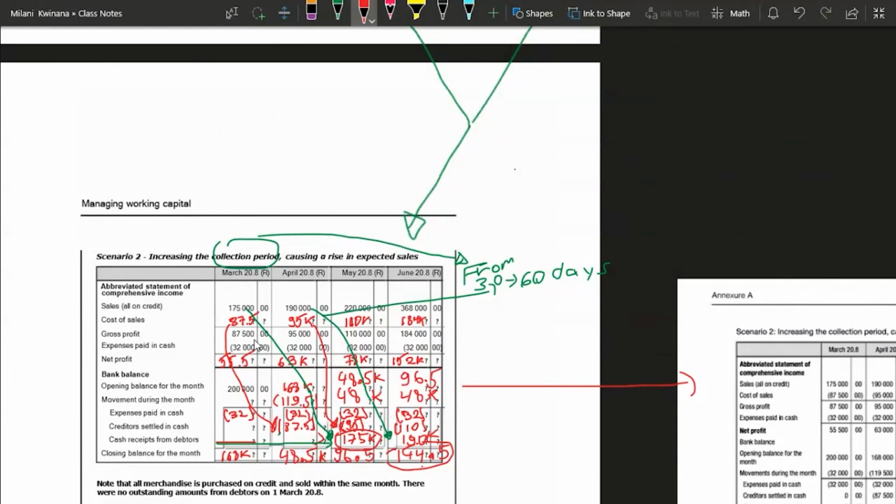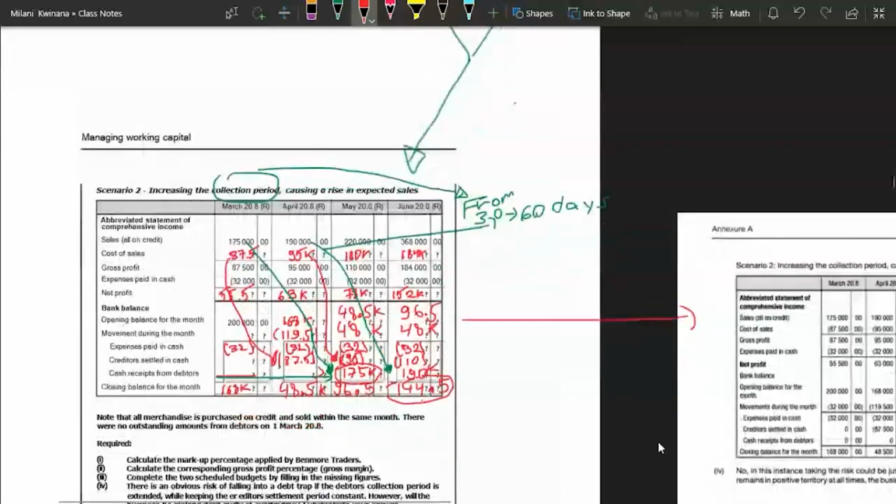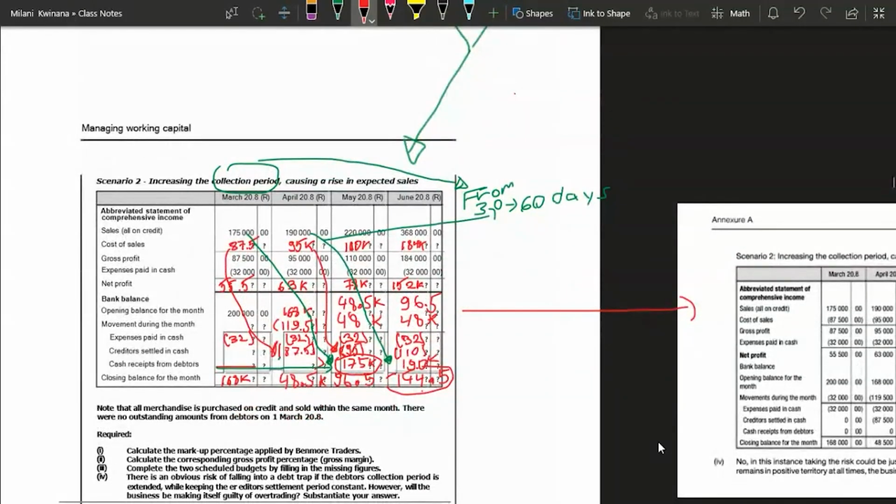Remember, in the scenario I gave you, you are buying from someone and you need to repay, and in both cases you are repaying after 30 days. But they want you now to look at two scenarios: one where you are paying after 30 days and one where you are paying after 60 days. That's the first major difference. They want you to implement that in your calculations.